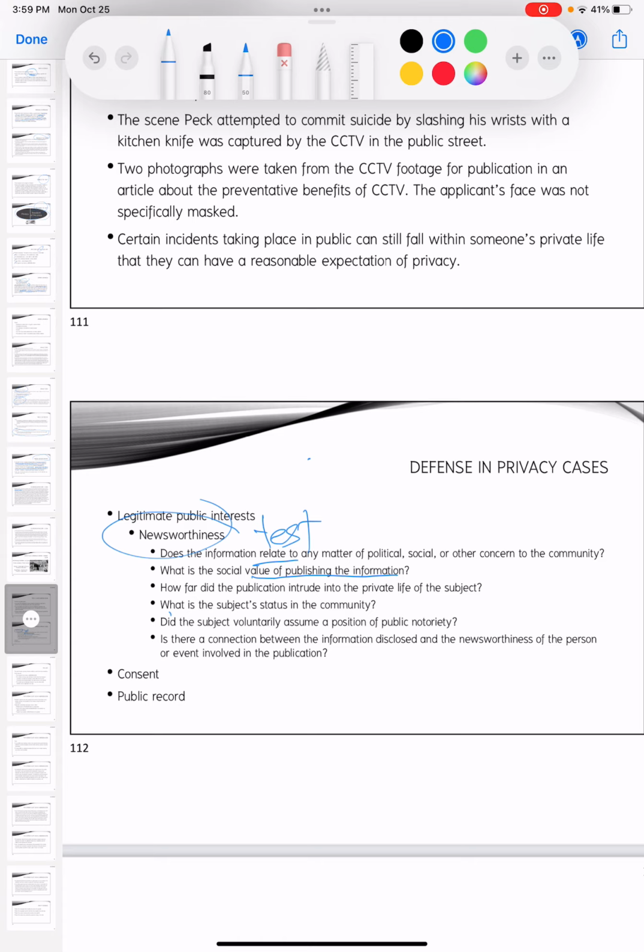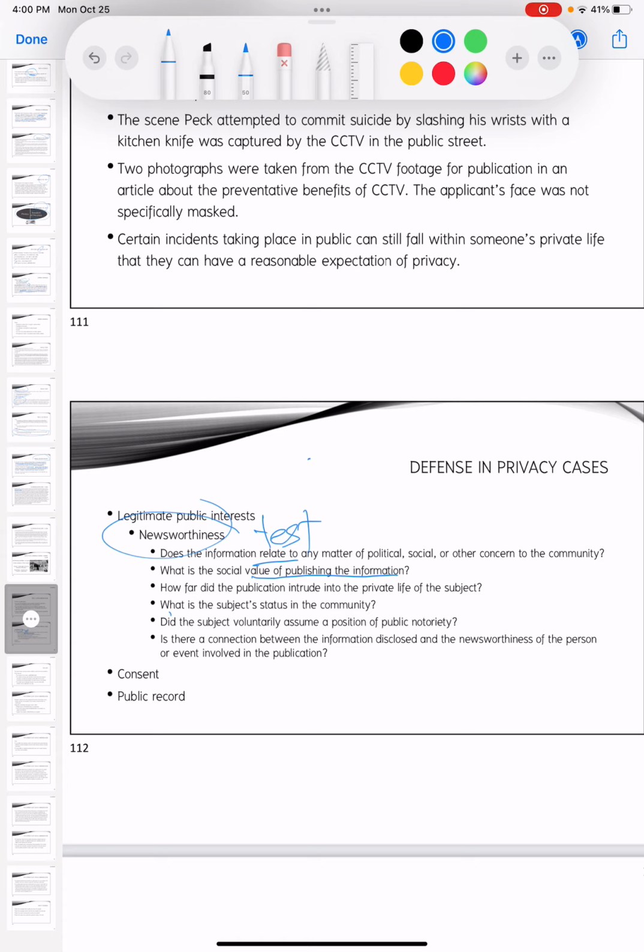Next is how far this publication intrudes into the private lives of the subjects. How much we have to see the intrusiveness in that case, right? What is the subject's status? If that person is a public figure, okay, you've learned already that the public figure must sacrifice part of their lives, right, like the price to pay for the power they attain.